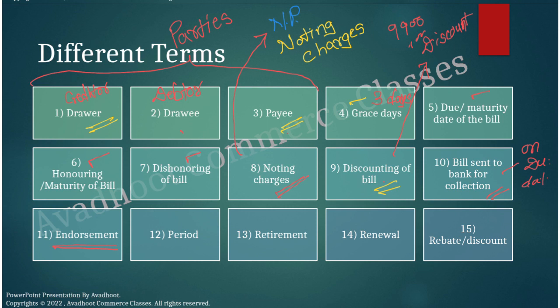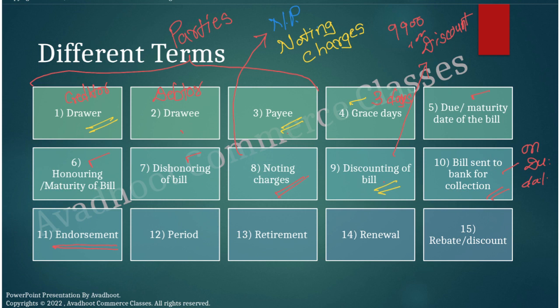On the backside of the bill, the last drawer or the last person in due course makes a signature and writes pay to so and so person. That is called an endorsement. We are going to see later in this session exactly how the endorsement is done. Endorsement means the bill is passed to another person.